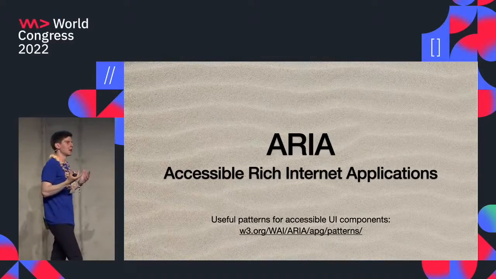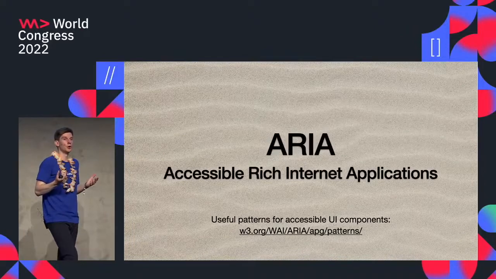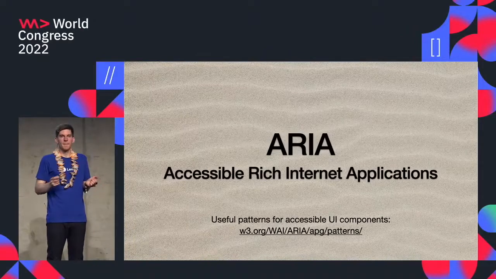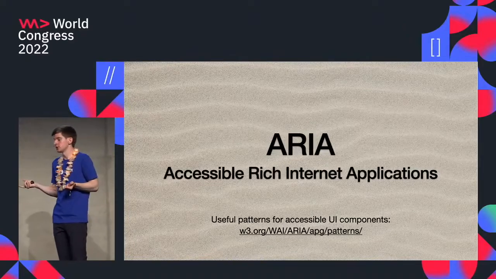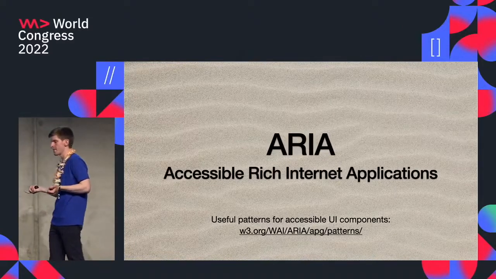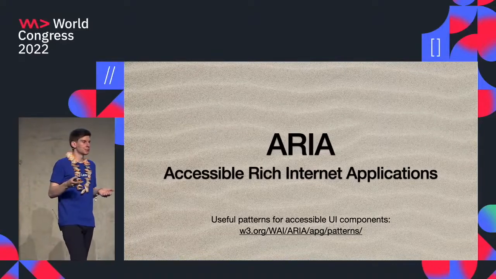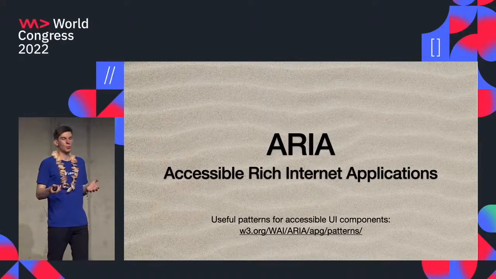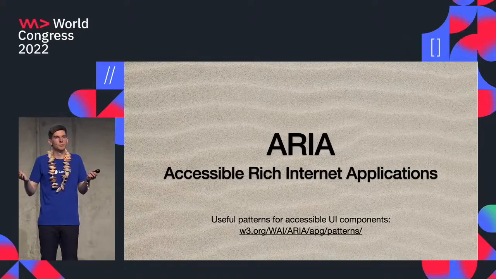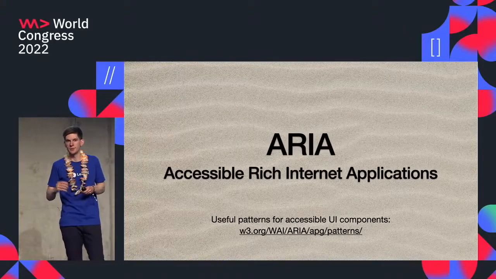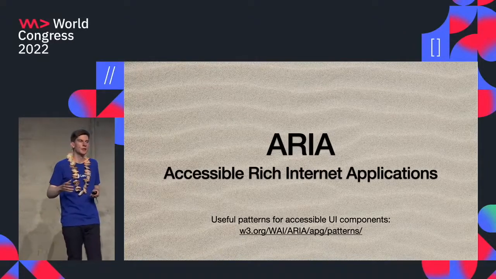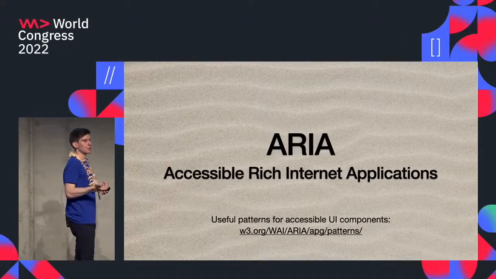And ARIA is especially important for screen reader users. What is a screen reader? Screen readers are software that translate content, may it be text or images, on websites, and also the whole operating system, like Windows or Mac OS, to speech or Braille.